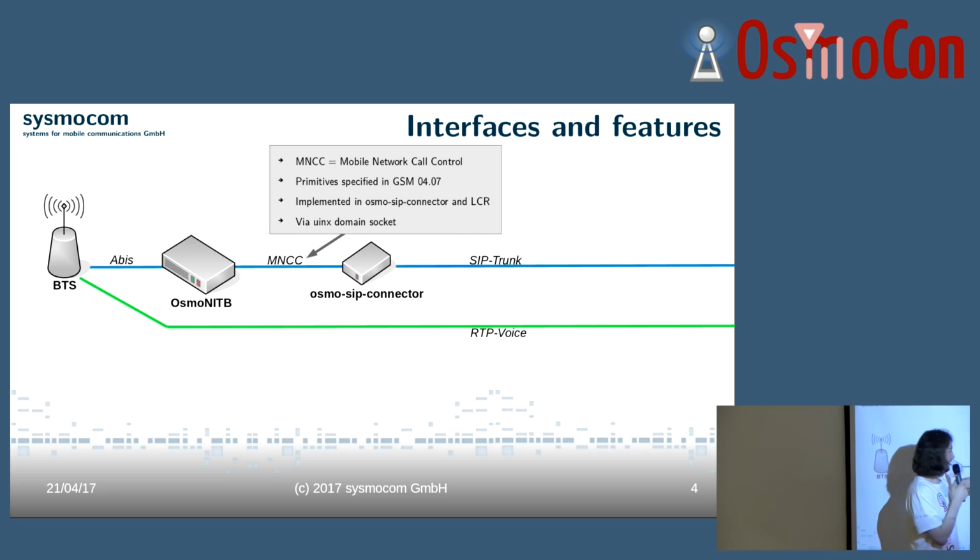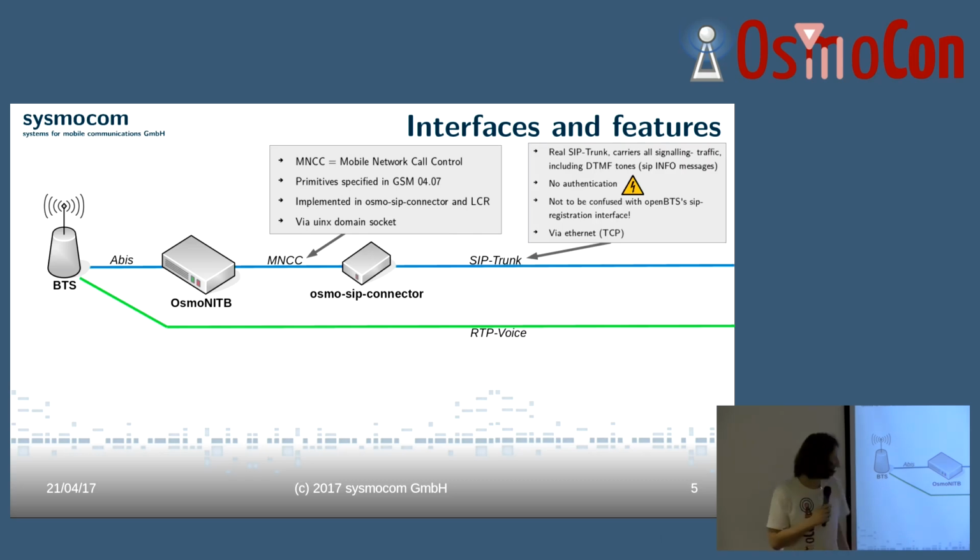And then we have, oh yeah, but there's one thing left which is important to mention: the call control. The way the call is handled is already implemented in Osmo-NITB. So we abandon the call control implemented here.